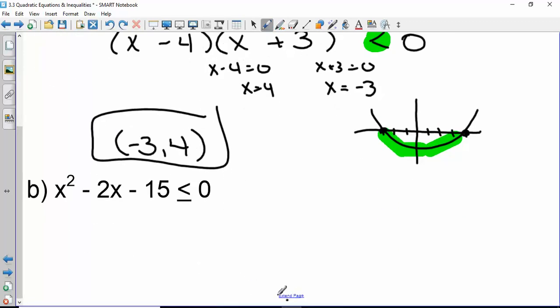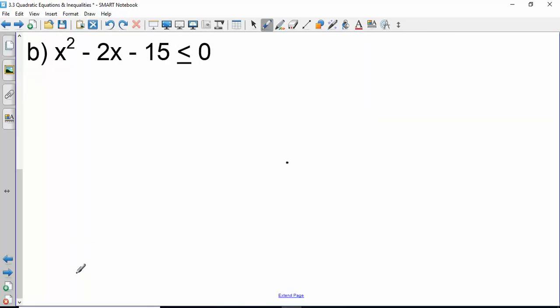Alright, so let's look at B. So what do I do first? Box method. X squared breaks into X. What numbers multiply to negative 15 and add to negative 2?